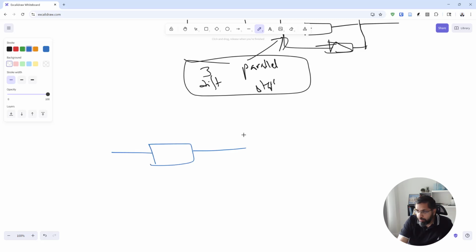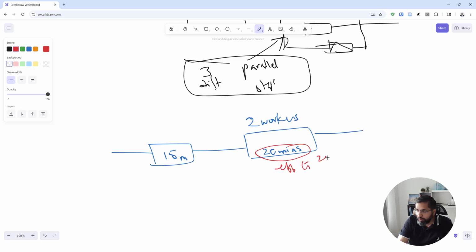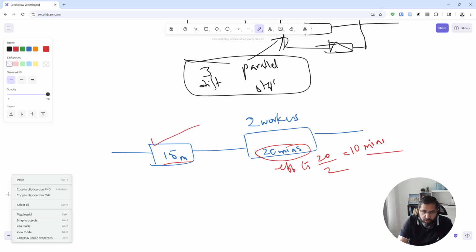This was the situation where you had 2 workers, and this step took 20 minutes with 1 worker, and the cycle time here was let's say 15 minutes. And so we said the effective cycle time here is just going to be 20 minutes over 2 workers, or 10 minutes. Now we can compare the cycle times and say this is the bottleneck.